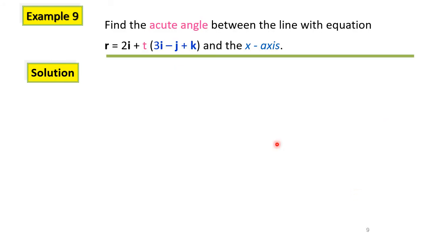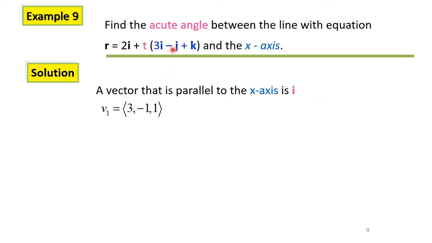Next, example 9. Find the acute angle between the line with this equation and the x-axis. For the x-axis, we only have i, no j and k.